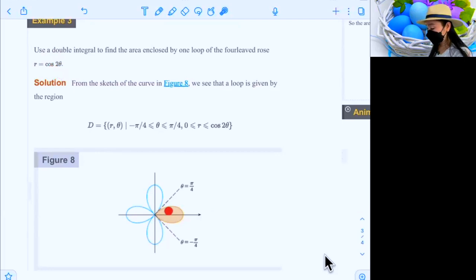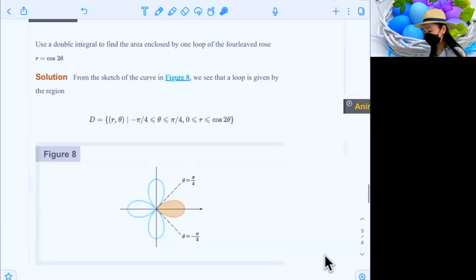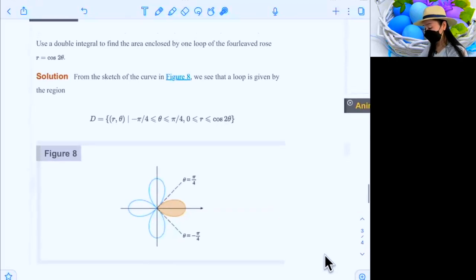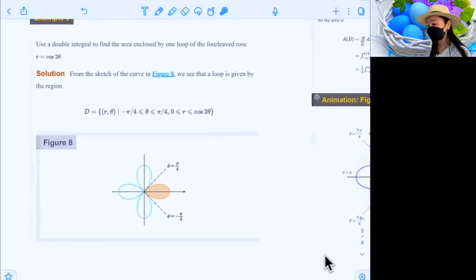We graph it, and we are just interested in finding the area enclosed by one loop. You don't need to use a double integral to do this. However, today let's see if we can use a double integral to do this.